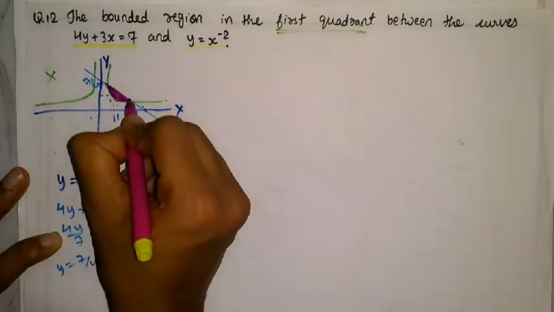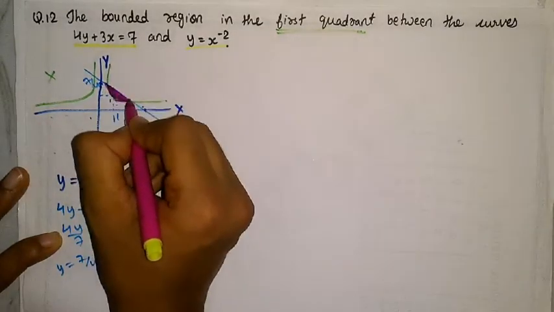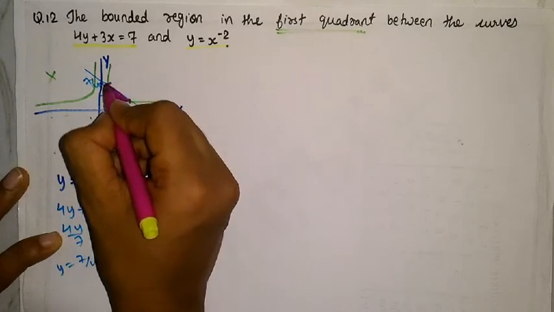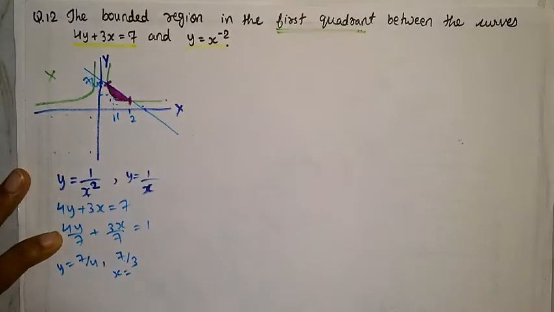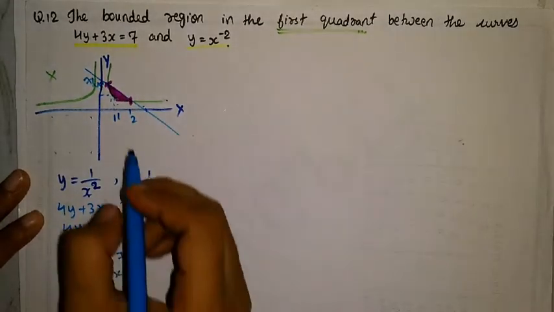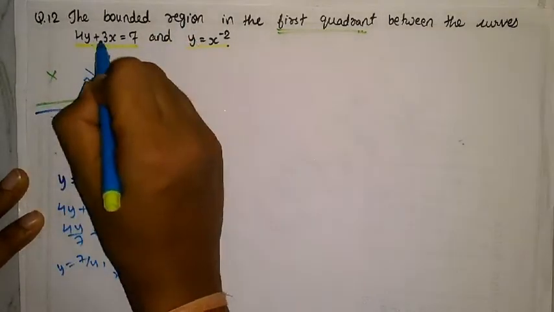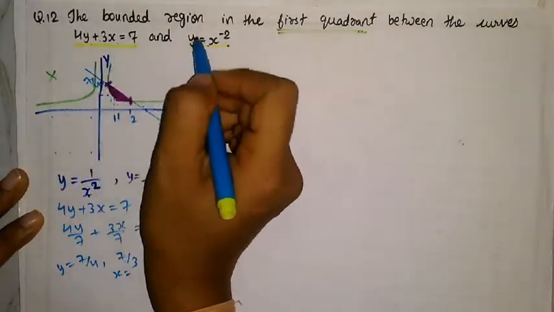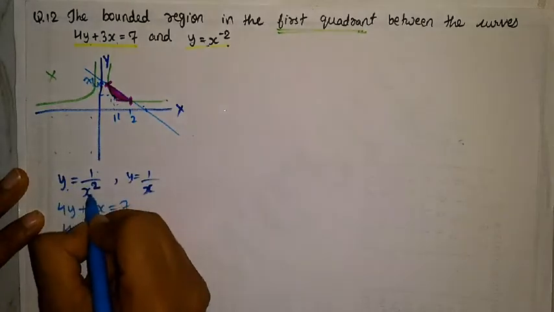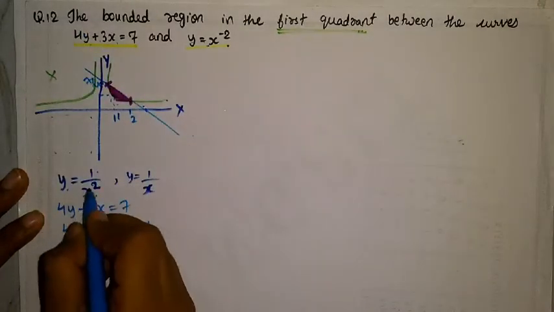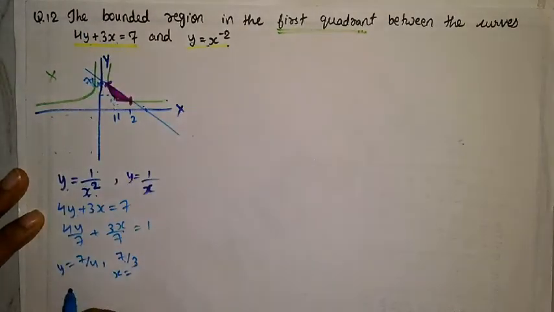For finding this area we have to find two intersection points, this point and this point. For that we have to solve these two equations. So we know that y is equal to 1 upon x square. Now put y is equal to 1 upon x square in this equation.